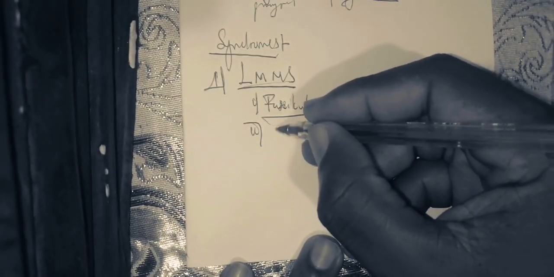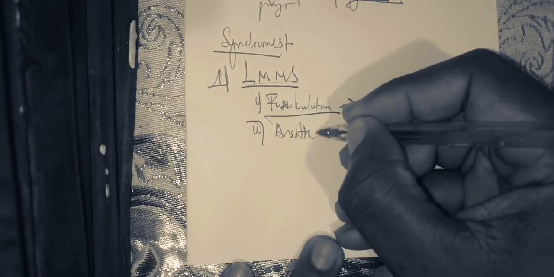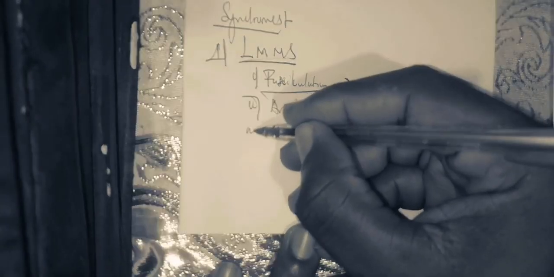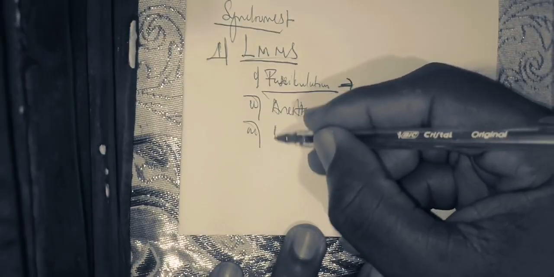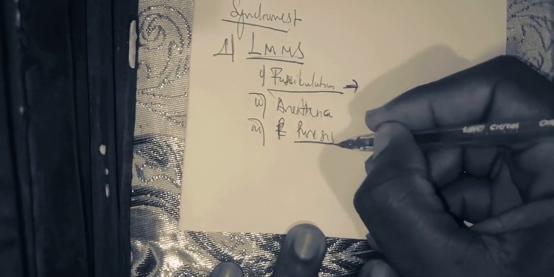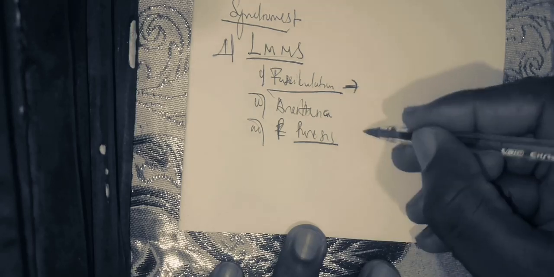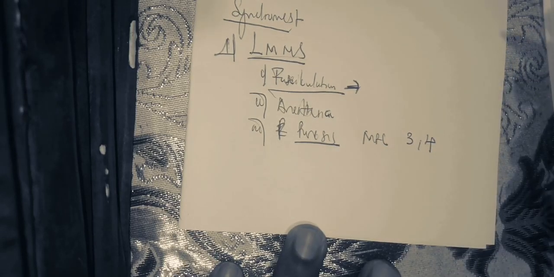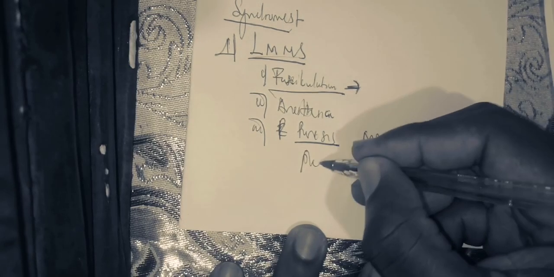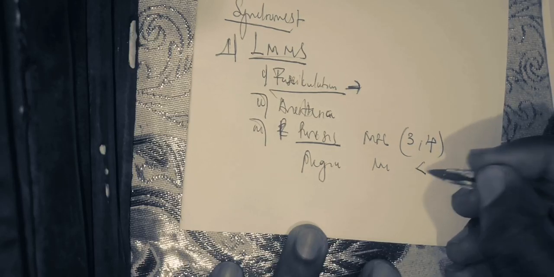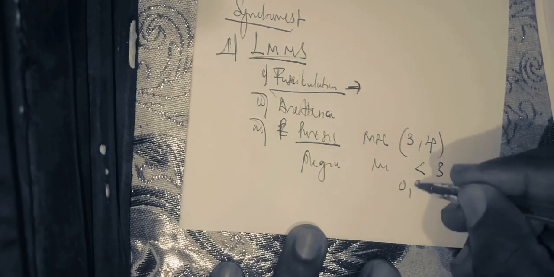The second one is anesthesia, loss of sensation in that part of the lower motor neuron neuropathy. Then you have paresis. Paresis just means that the MRC classification is going to be 3 or 4. Plegia is when the MRC classification is less than 3. It can be 0, 1, or 2.